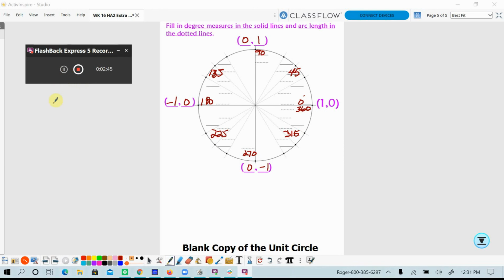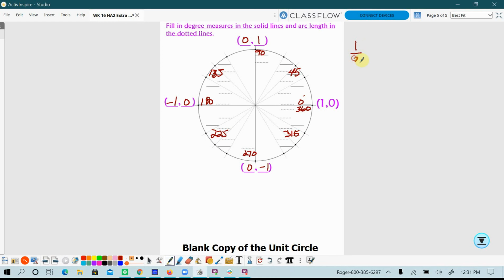Now what we're going to look at is the other angles and degree measures we can fill in. So going back here to quadrant 1, looking at this angle measure that I'm tracing over, if I compare it to 90 degrees, the right angle here, I can see that this is clearly a third of that, a chunk of the 90. So this angle here would be 1/3 of 90 degrees, which means it would be a 30-degree angle.